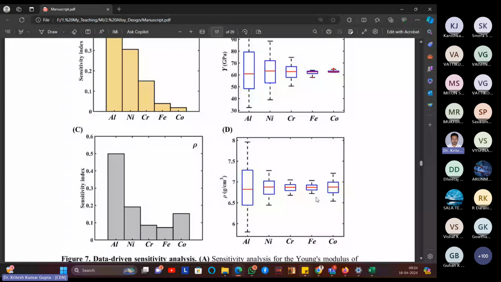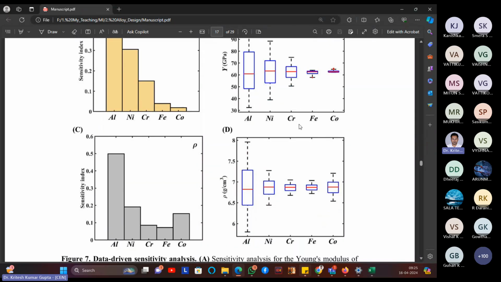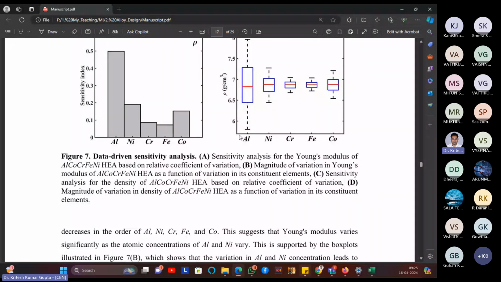From this we get some common ground. If we are to maximize Y and minimize rho, ferrous is the point where we don't need to make much change, because ferrous is not influencing either of the responses. That's what we get out of this data-driven sensitivity analysis.